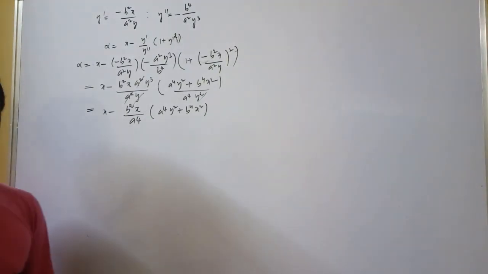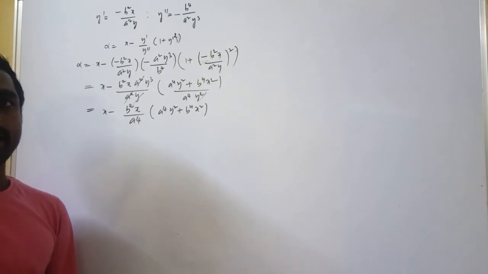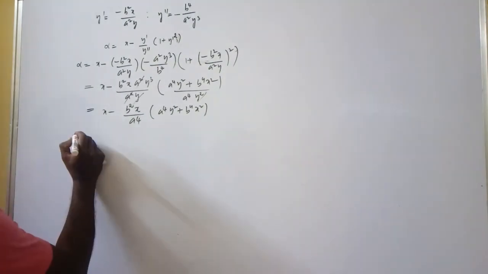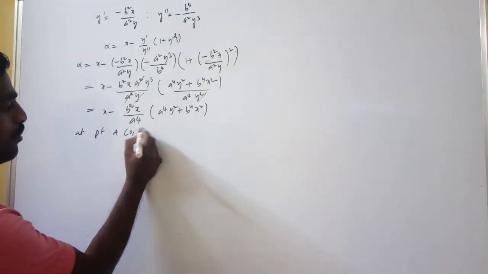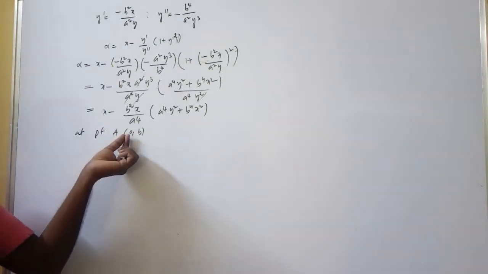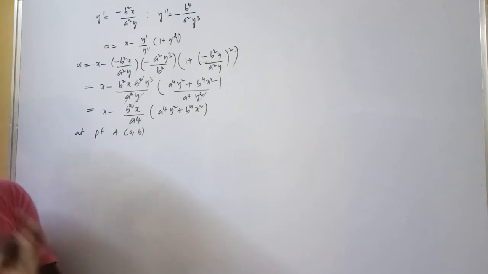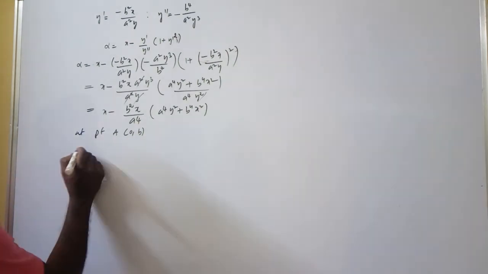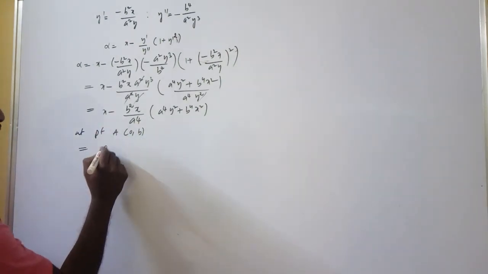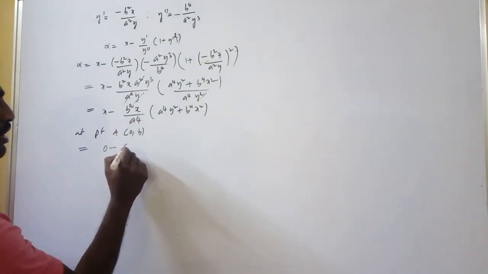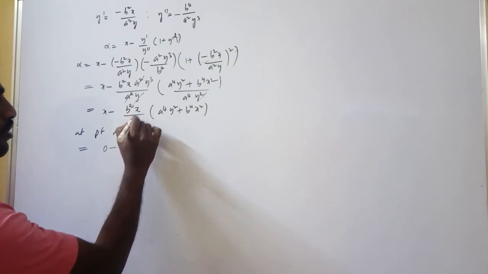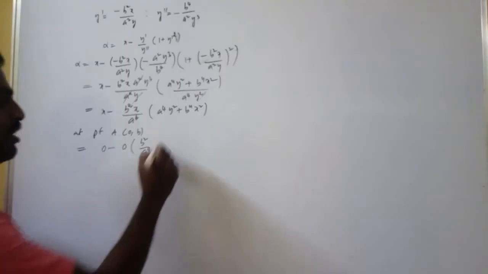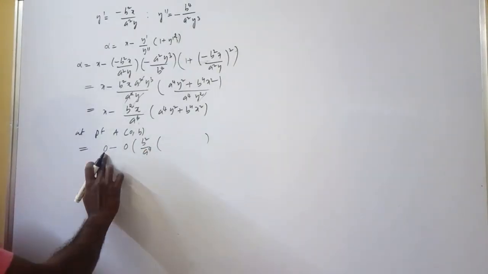Next, where you are determining the center of curvature at point A, the point is 0 comma b. So substitute x equal to 0 and y equal to b, and you get the alpha value. So 0, the x value is 0, minus the x value 0 into b square by a power 4 into something; whatever it is, 0 into something is 0.